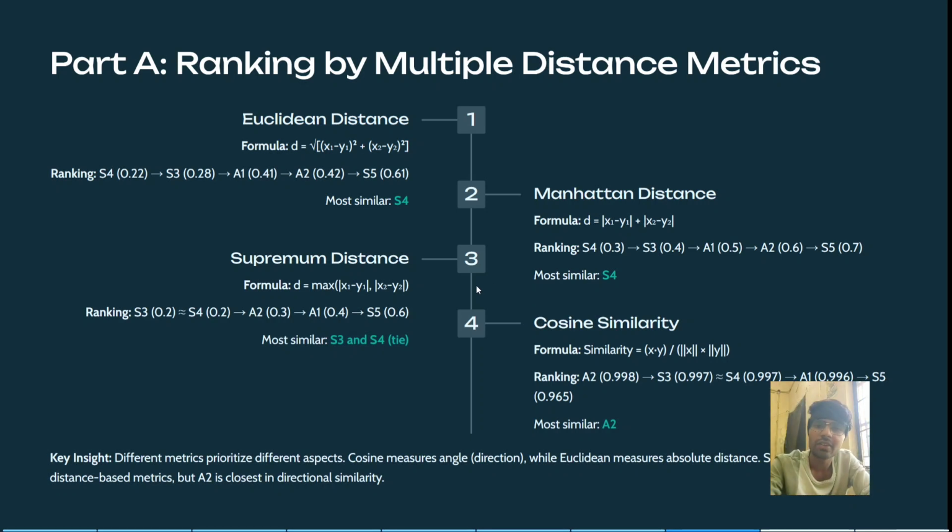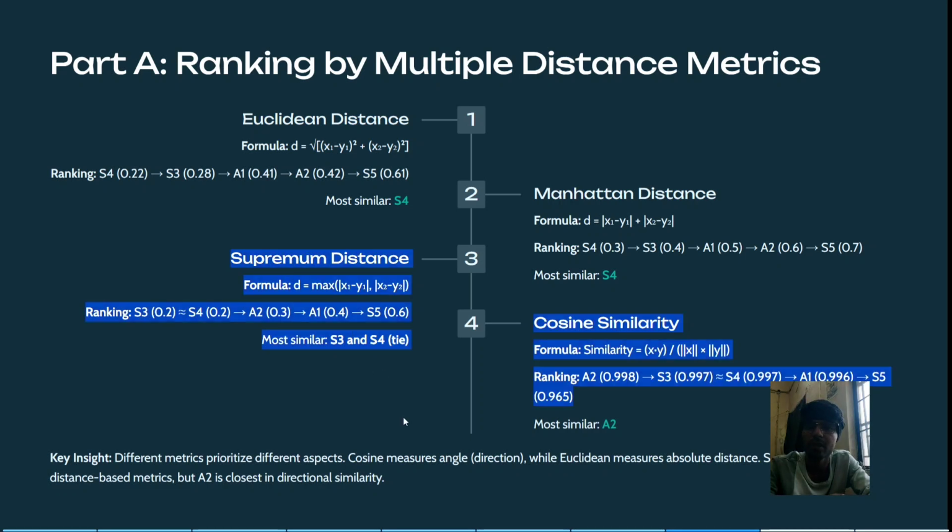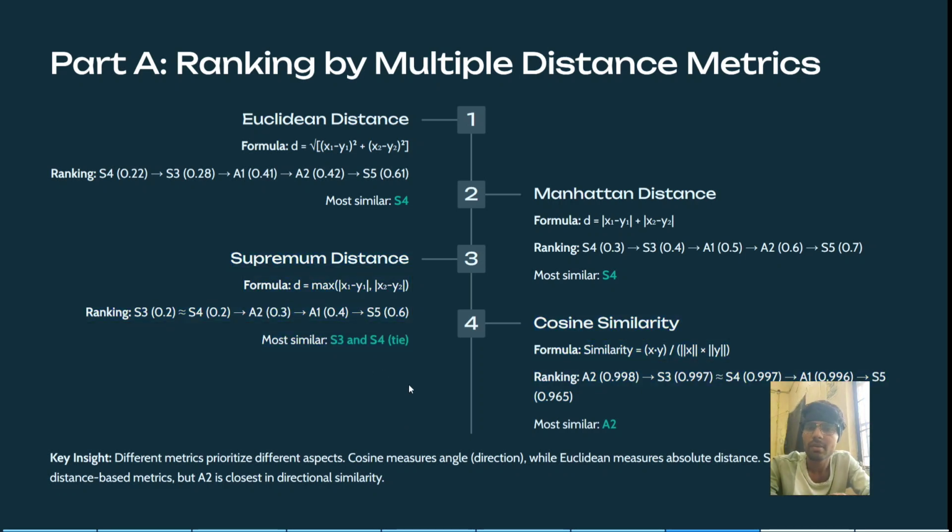So Manhattan ranking, same order: S4, S3, S1, S2, S5. The actual distances are different, but the ranking is consistent. Now Chebyshev distance. For S1, the maximum of 0.1 and 0.4 equals 0.4. For S2, the maximum of 0.3 and 0.3 equals 0.3. For S3, the maximum of 0.2 and 0.2 equals 0.2.